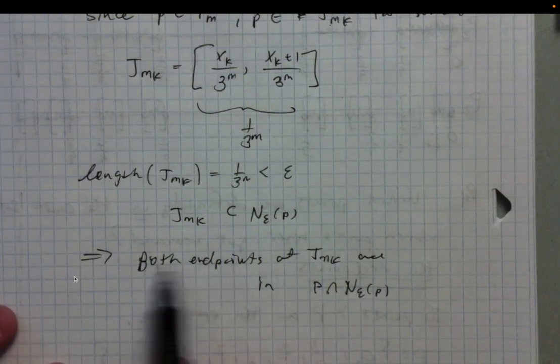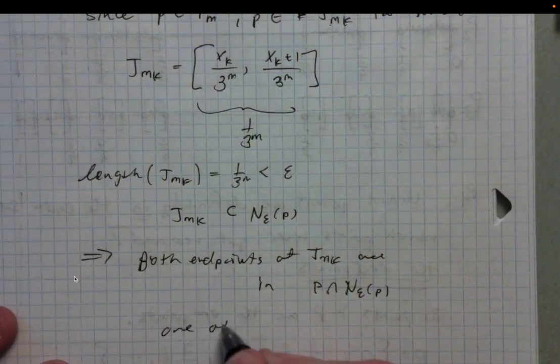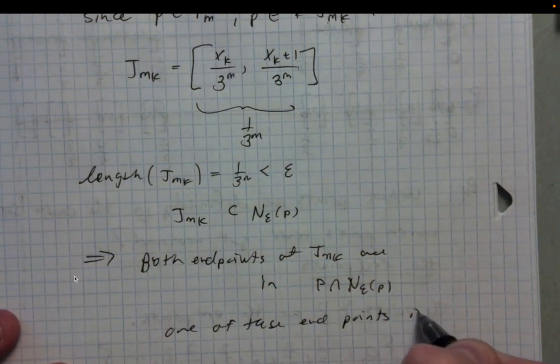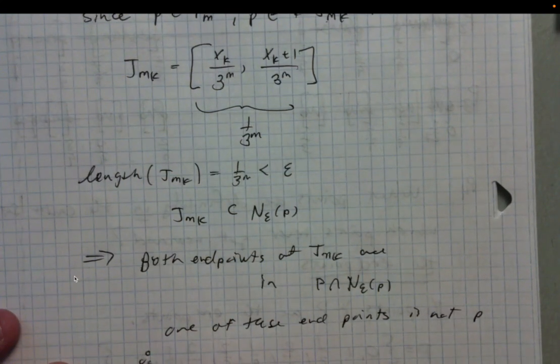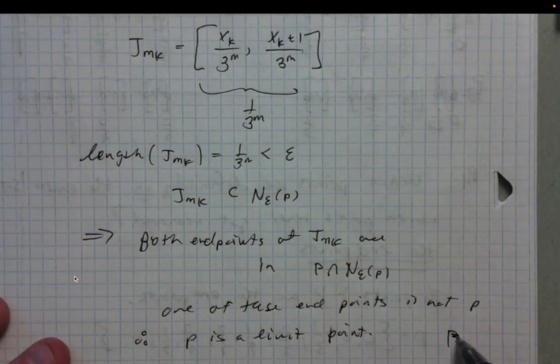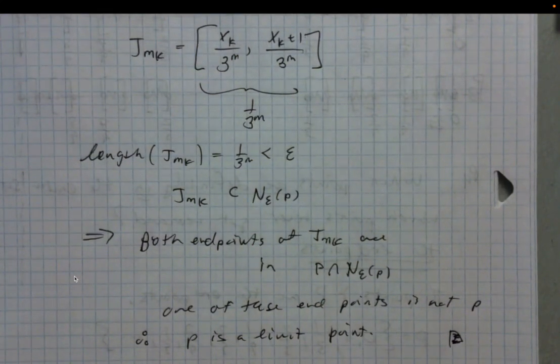Since there are at least 2 points in this epsilon neighborhood, one of them can't be P. One of these endpoints is not P, therefore P is a limit point. So it's a really beautiful, subtle little proof that shows that the Cantor set is comprised of nothing but limit points. Every point in the Cantor set is a limit point.